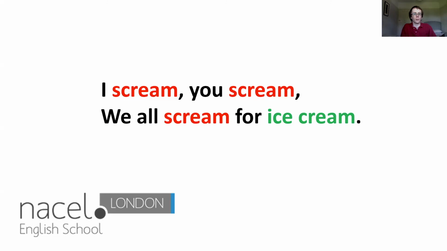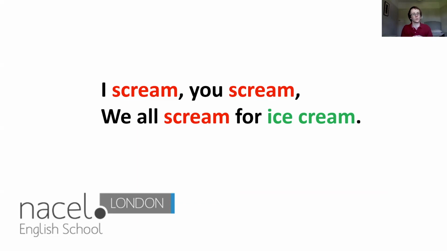Okay, and at the beginning of the third part, we've got we all scream, we all. You'll notice there's a bit of a Y sound in the middle there. We all. Okay, it's like there's a Y in the middle of those two words, the we and the all.